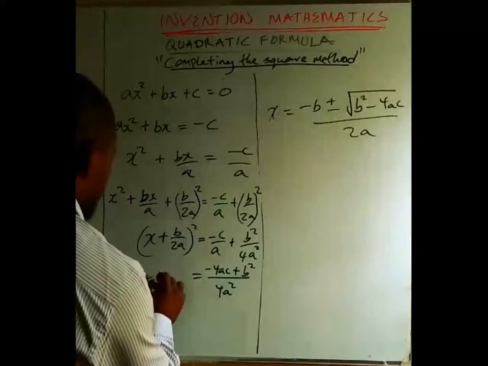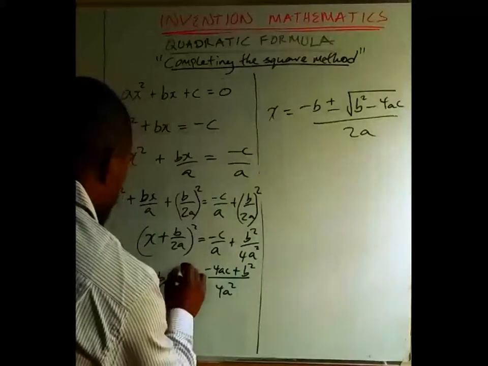So x plus b over 2a squared is equal to that.